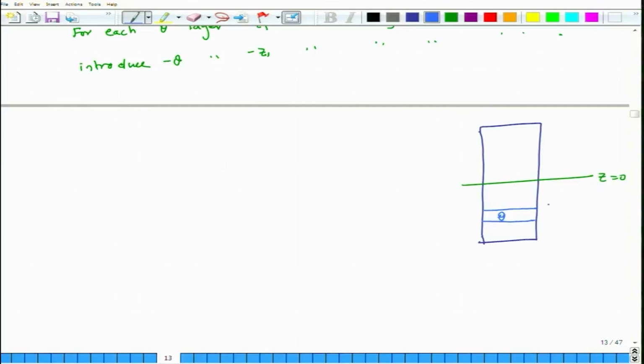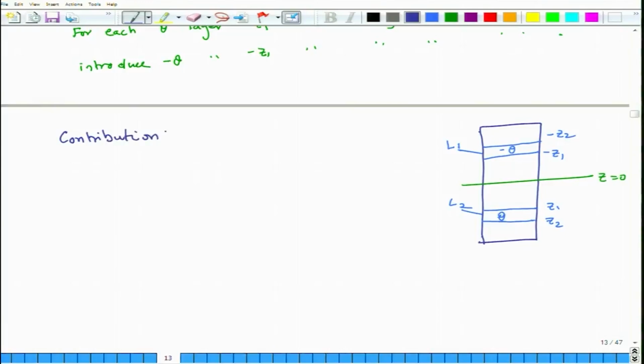So, this coordinate is Z1, this coordinate is Z2. Then there is another layer oriented at minus theta, and here the coordinates are minus Z1 and minus Z2. So, if we look at the contributions of these two, let us say this is L1 and this is L2.